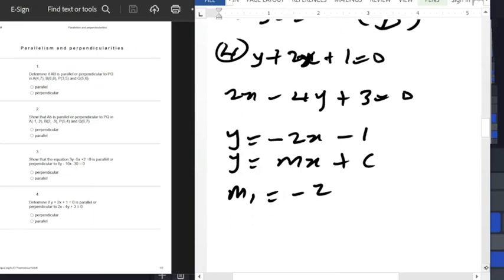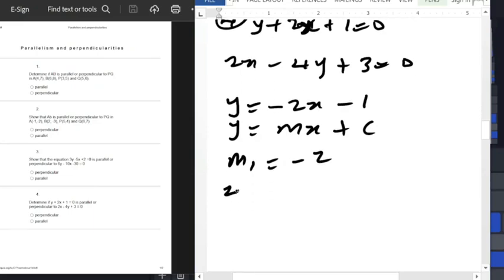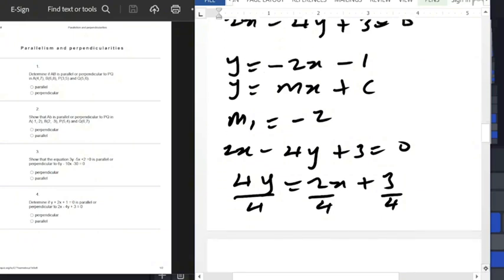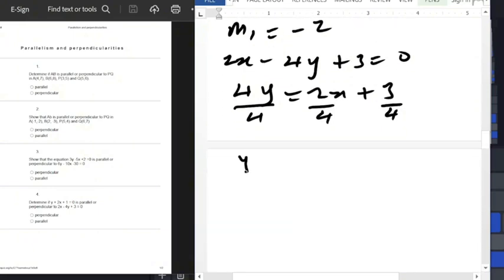Then the second equation is 2x minus 4y plus 3 equals 0. So transfer 4y, so 4y equals 2x plus 3. Divide both sides by 4. If we divide through by 4, we have y equals half x plus 3 over 4.